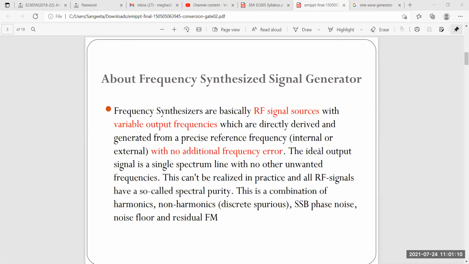Now, this chapter is all about different kinds of generating devices. It is also called a signal generator.